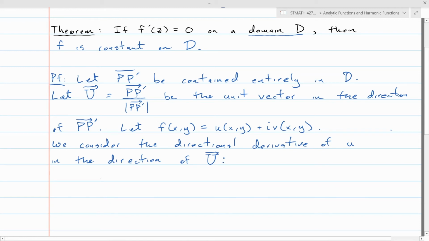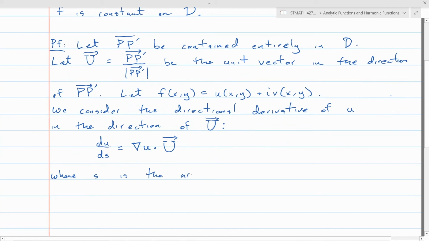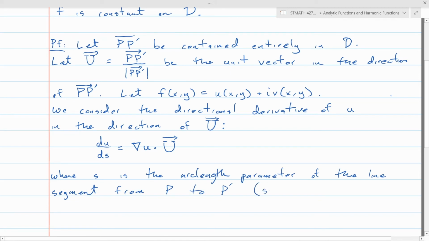We have a formula for this from multivariate calculus. du/ds, where s is the arc length parameter of the line segment from P to P prime, is computed by taking the gradient of the function u and taking the dot product with the vector big U. Since I'm saying it that way, when s is equal to 0, that corresponds to P, the starting point, and then it goes to P prime. You may at this point need to stop and break out your calculus book and review directional derivatives a little bit.